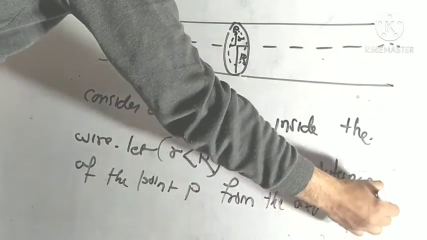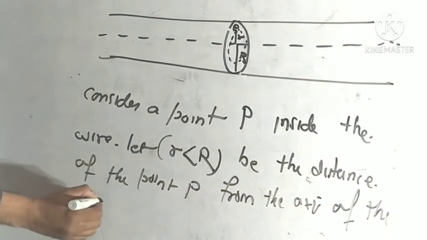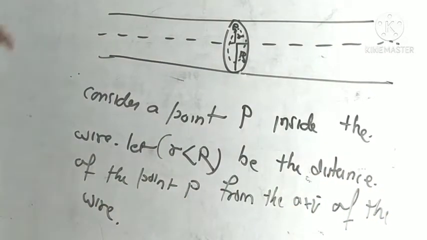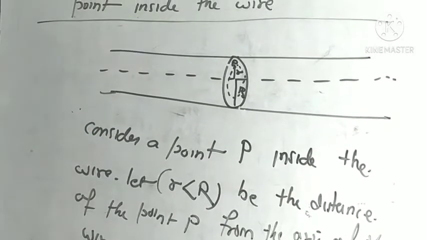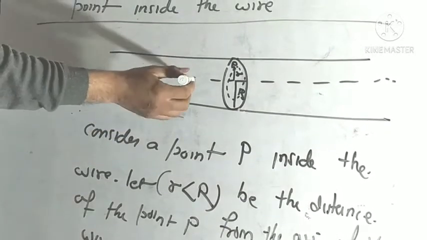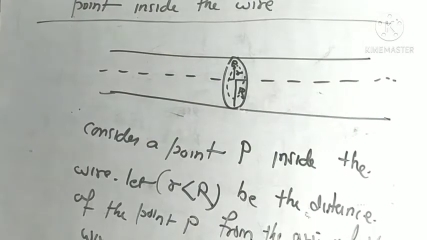If the current flows only along the surface of the wire, then there is no current at any point inside this wire. I repeat again.